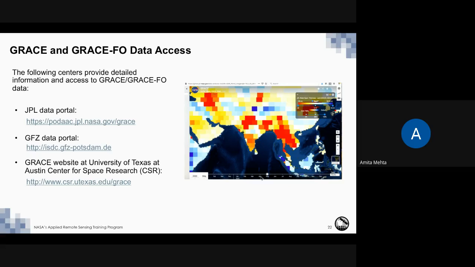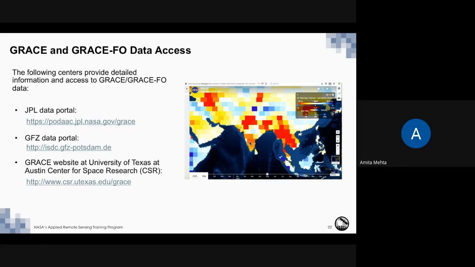This is an interactive tool that shows anomalies in terrestrial water or groundwater in this case. So this is over India in May 2020. As you can see, these are anomalies going from minus 30 centimeter to 30 centimeter. And in northwestern India, southern India, also in eastern India, except for central India, more or less you see a deficit in groundwater in this month.